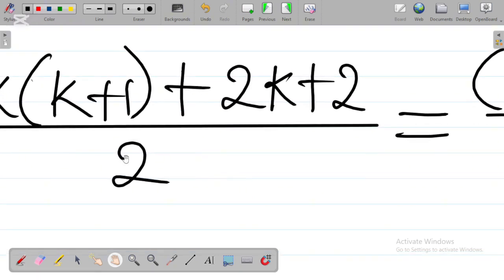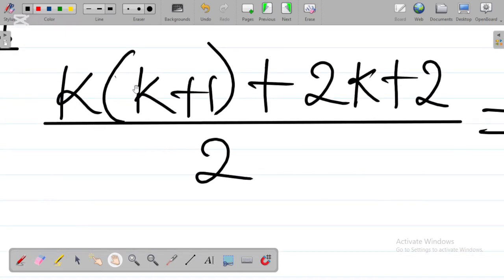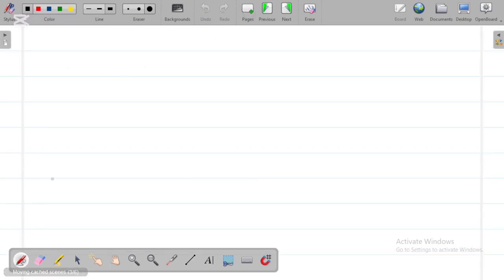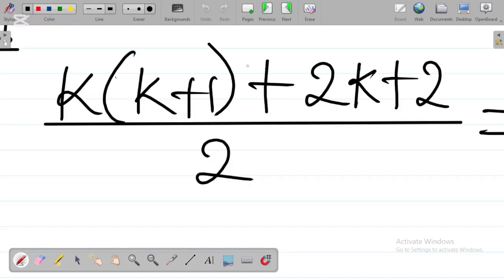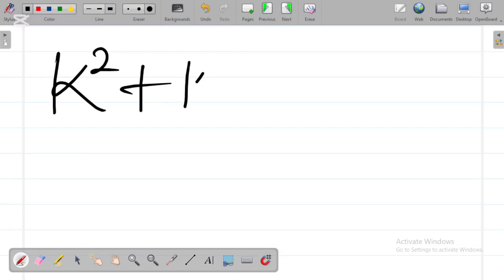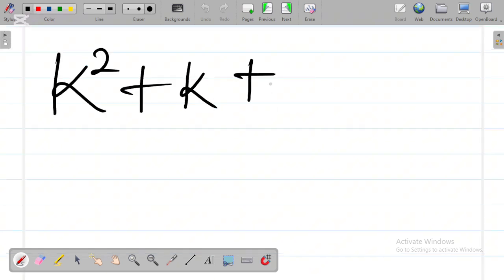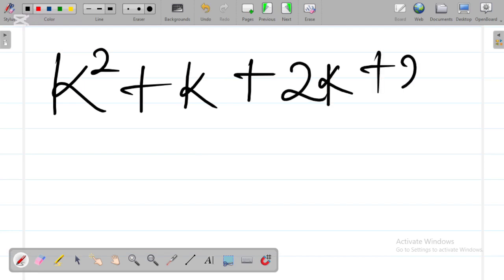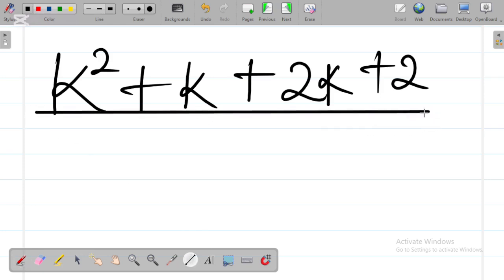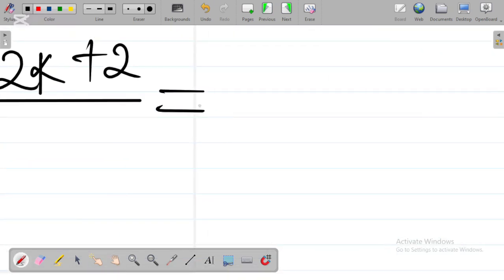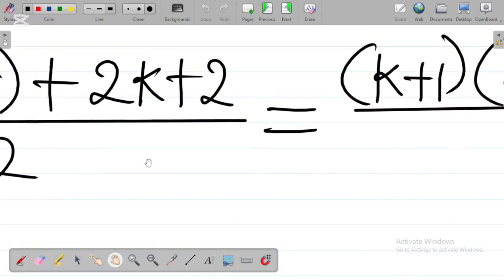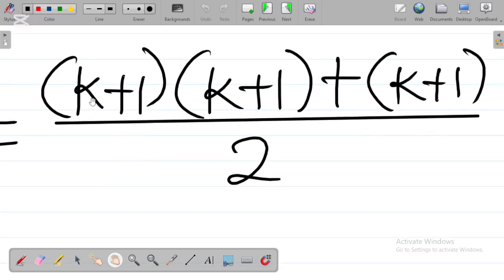So we are still going to simplify further. We open up the bracket again. k multiplied by k is k raised to power 2 plus k multiplied by 1 is k, plus 2k and then plus 2, all over 2, is equal to k plus 1 multiplied by k plus 1.